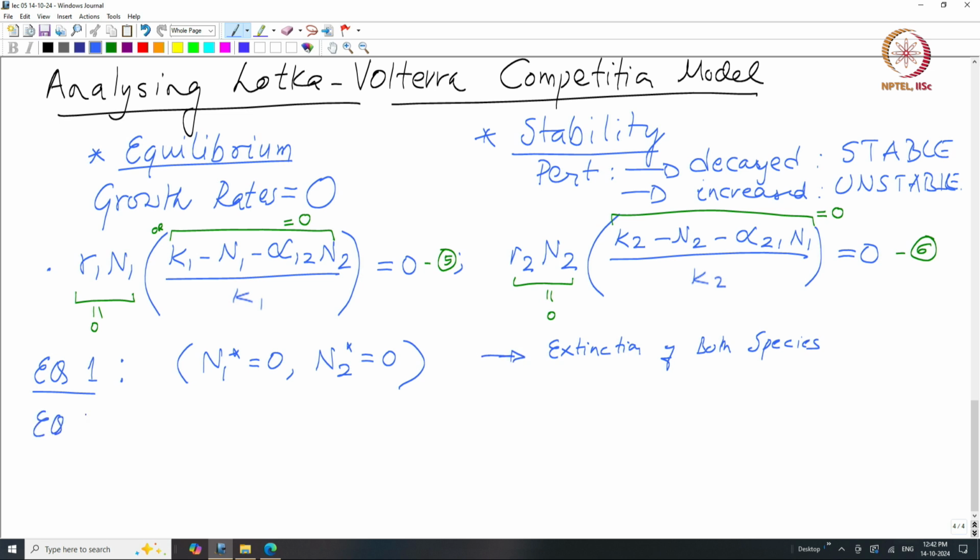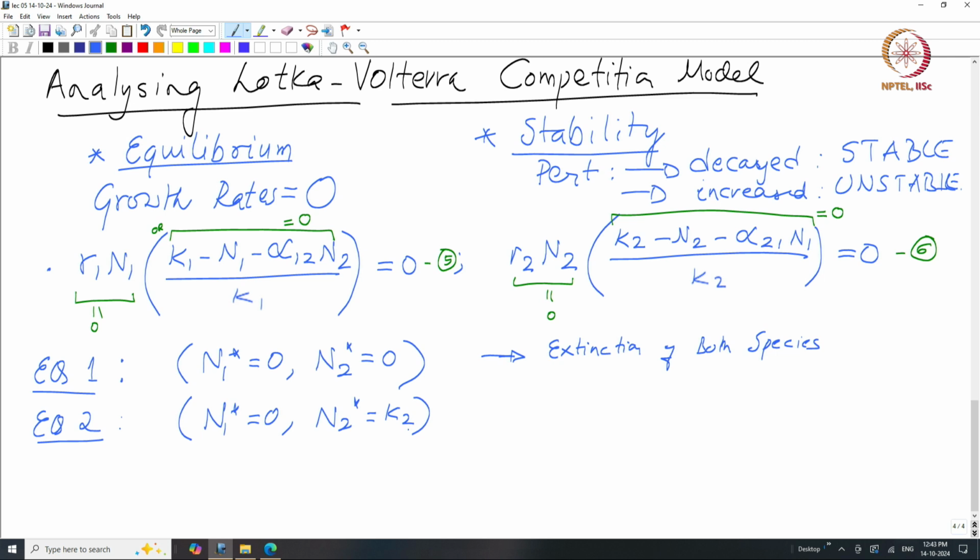Now, let us look at the second equilibrium, which can happen when the first term here is 0, which is r1 n1 is 0, meaning n1 is 0, and the second term of equation 6 is 0. Okay. And when n1 is 0, the second term of equation 6 basically means this numerator is 0. In this numerator, the last term alpha 2 1 n1 basically becomes 0. So, we effectively have K2 is equal to n2, or n2 star is equal to K2.